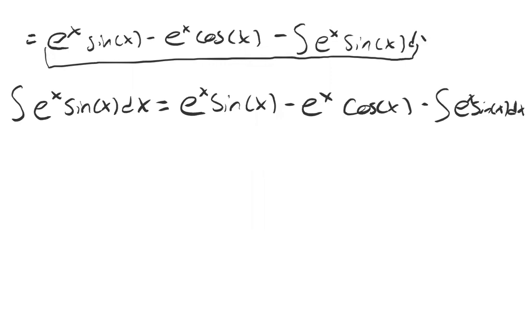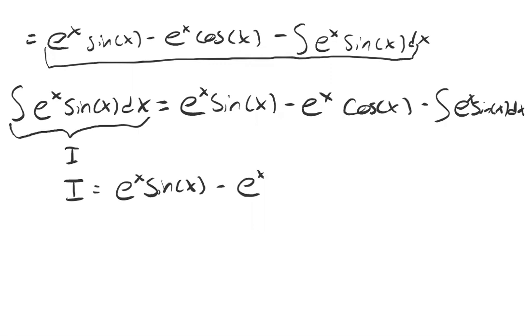I dropped the dx up here. What you'll want to notice now is I called this integral I before. So I'm going to write I is equal to e to the x sine of x minus e to the x cosine of x minus, if you look at this integral here, e to the x sine of x dx, well, that's the exact same integral that I have over here.